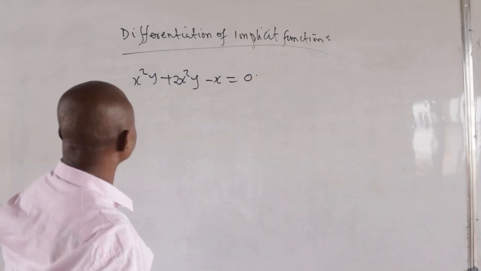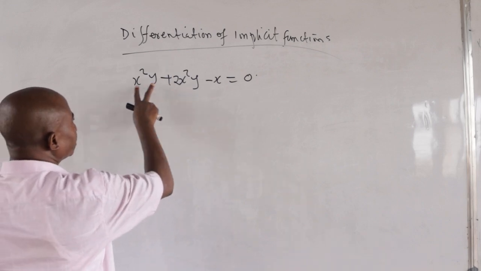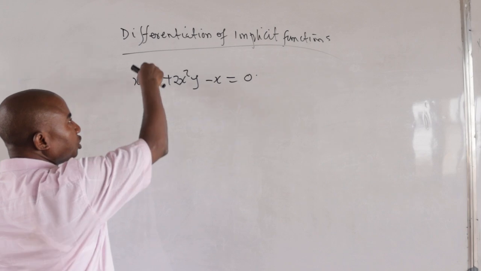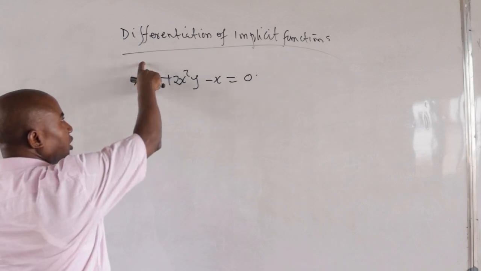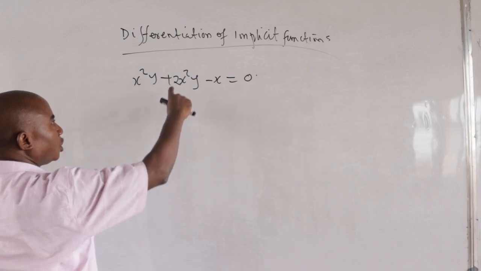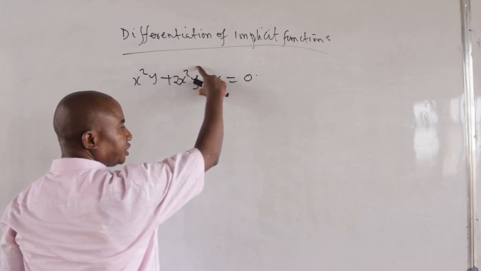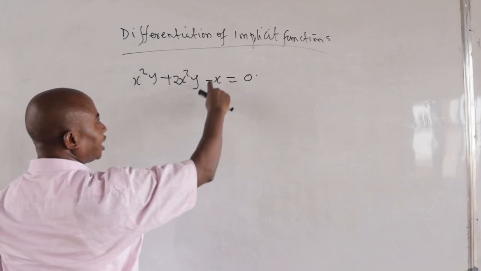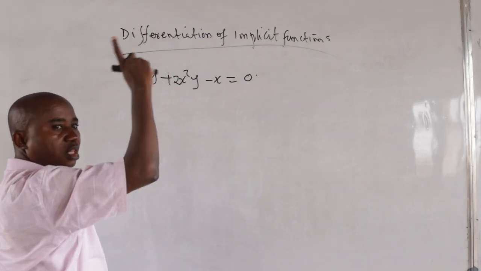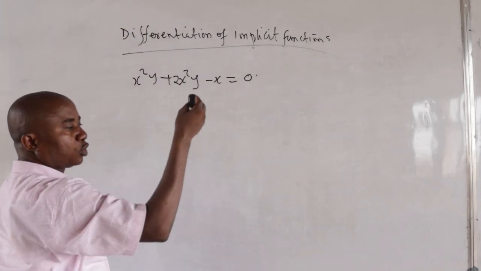Now, in each of the terms, for instance, here we have a product of two differentiable functions. So we're going to apply the product rule to get the derivative of this first term. We also apply the product rule to get the derivative of the second term. Here, we're not going to apply the product rule because it's just one term without any product.